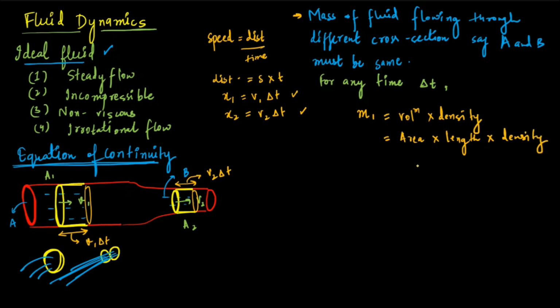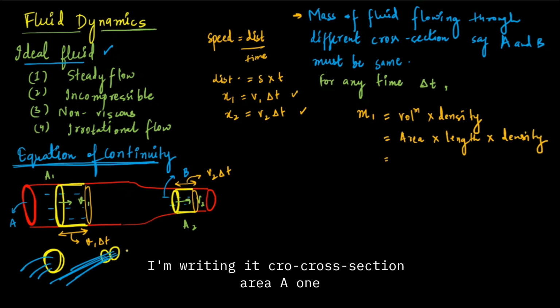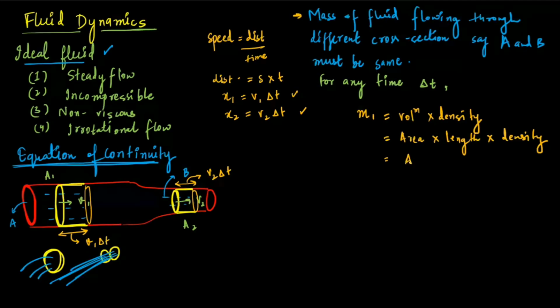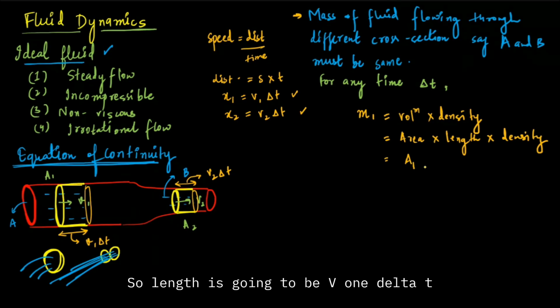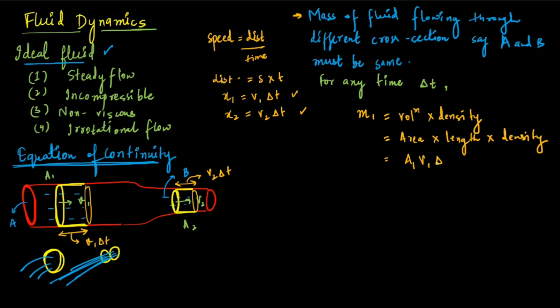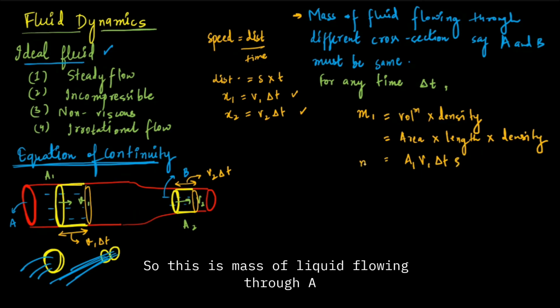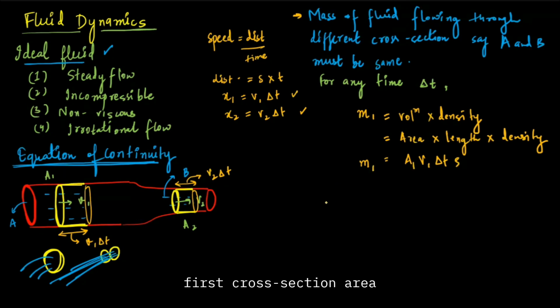Similarly, what is area? I'm writing it for cross section area A1. So area is going to be A1. What is length? Length is how much it has displaced in delta t time. So length is going to be V1 delta t. And what about density? Density of the fluid will remain the same because we are dealing with ideal fluid. So you can write it as rho. So this is the mass of liquid flowing through A, the first cross section area.